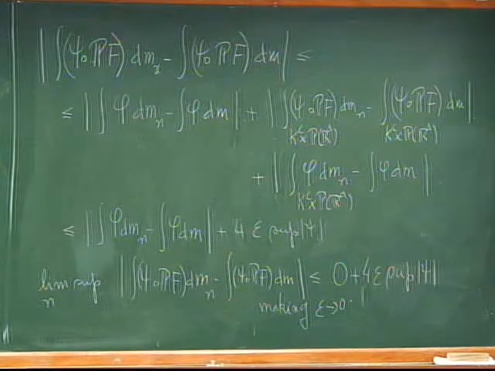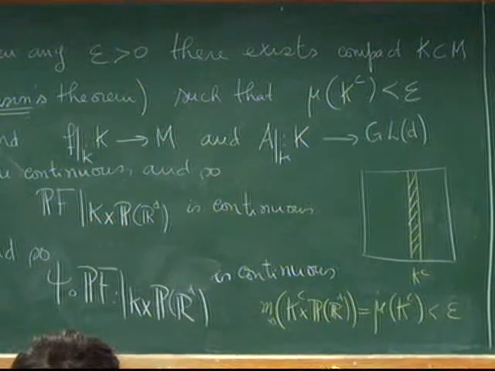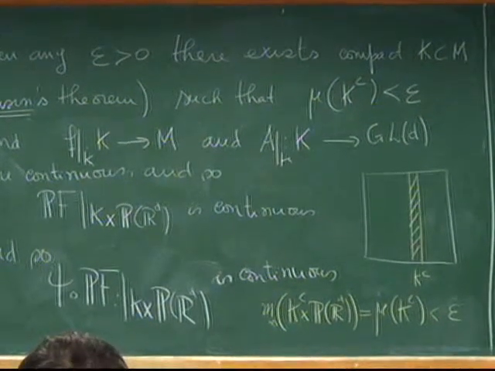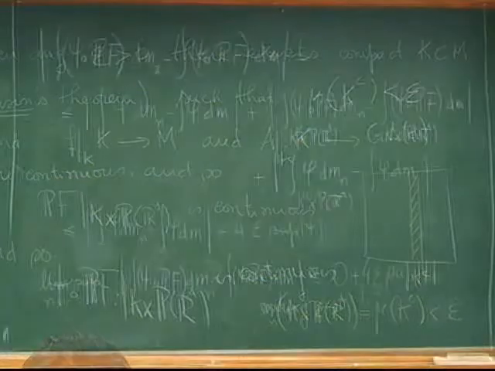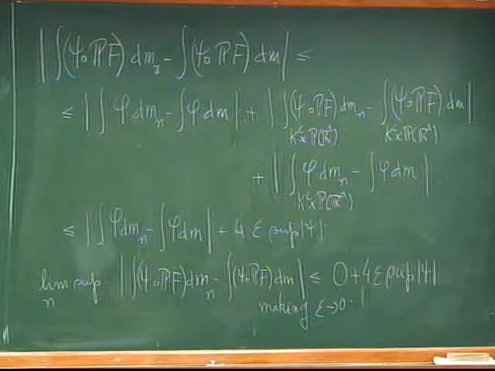Okay? So you see, it really doesn't hurt to think that everything is continuous here, because we can reduce essentially to that case combining Lusin and Tietze. And this has nothing to do with our particular situation. It's very general tools.